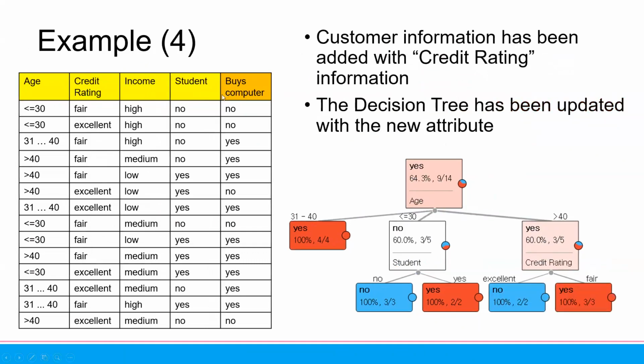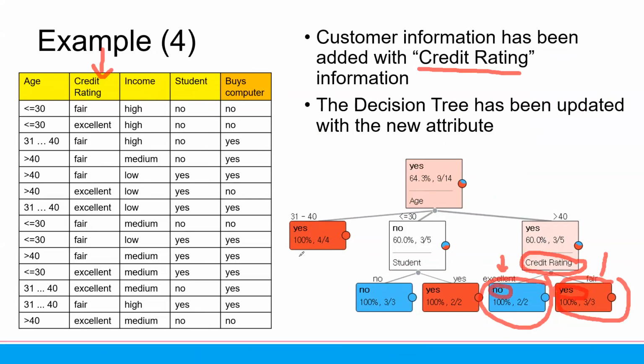If you check this one, let's say I have a new column, credit rating. So if I put the credit rating, and now based on the calculation, the credit rating gives more confidence to select the decision, either yes or no. So if the credit rating is excellent, the decision is toward no. If the credit rating is fair, the decision is more to yes.